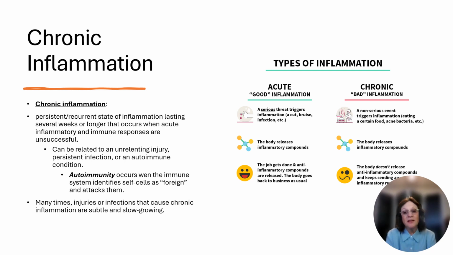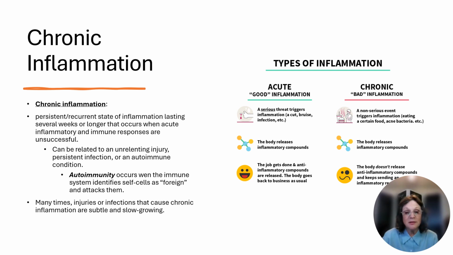Chronic inflammation is another issue that can cause problems with wound healing. This can cause persistent or recurrent states of inflammation. Chronic lasts several weeks or longer, and that happens when the acute inflammatory or immune responses were not successful. They didn't shut off the way that they should. That can be due to a pretty bad injury that just won't heal.